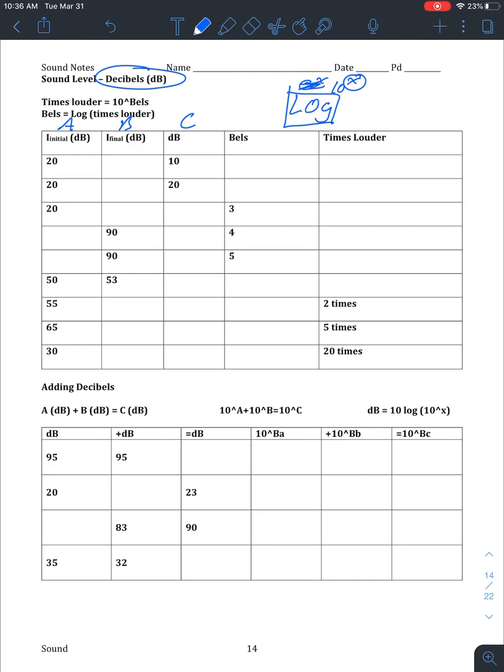So if it's a difference of 10 decibels and we start at 20, the next loudness would be 30. So if it's 10 decibels, how many bells is that going to be? Well, since a decibel is a tenth of a bell, simply divide by 10. So the difference is going to be 10, so it's going to be one bell different.